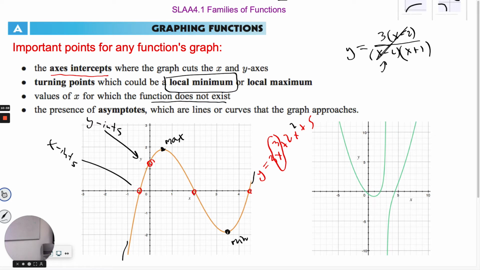You can't have x be 2, and so you'd have a hole in your graph at 2, making stuff up, that would look like that. And if you notice that, you put up a little empty circle in there. So little holes, spots where the curve can't exist, and also asymptotes. So here you have an asymptote right there. Can you spot that on the graph? Can you spot that in the function? Those are all important pieces.